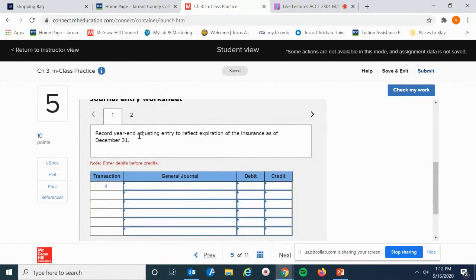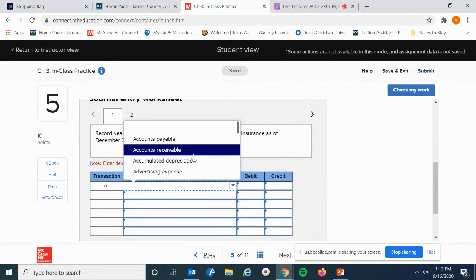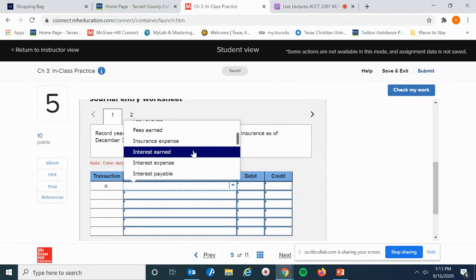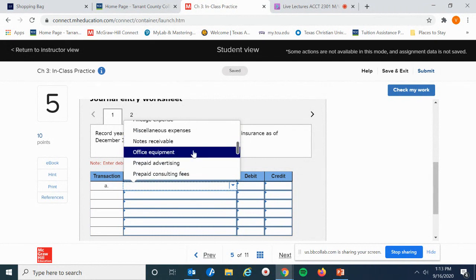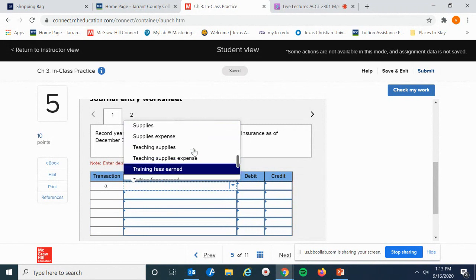We need to record the year-end adjusting journal entry to reflect the expiration of insurance. At the end of December, the company has used up all the insurance. When a resource is used up, that would make it an expense. So I'm going to go through here and find insurance expense.